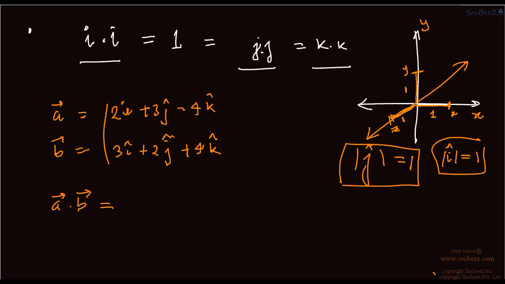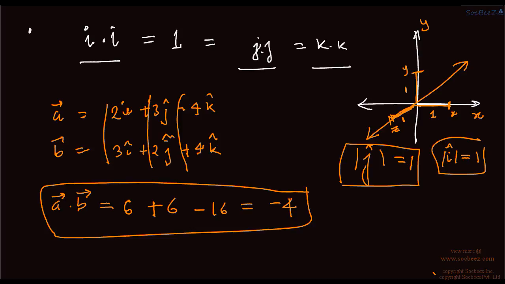Then a dot b will be 2 into 3, 6, plus 6, minus 16, that will be minus 4. So the dot product value will be minus 4. Because i into i is 1, 2 into 3 will give you 6 only. i into j and i into k is 0. So that's why these terms will not get multiplied.